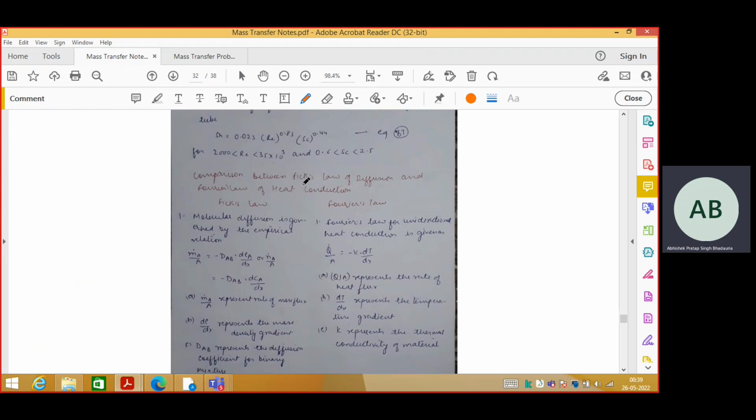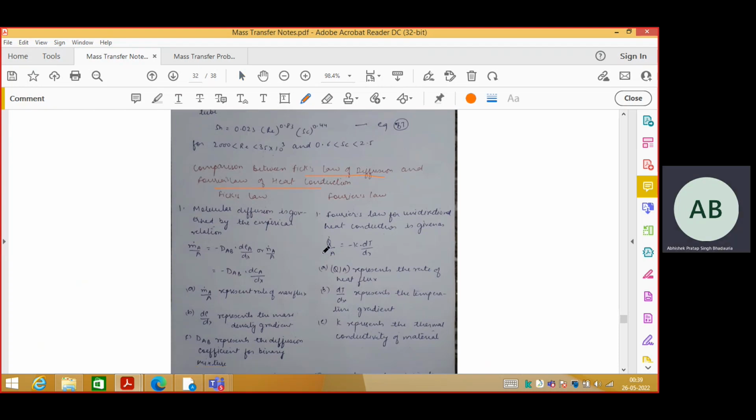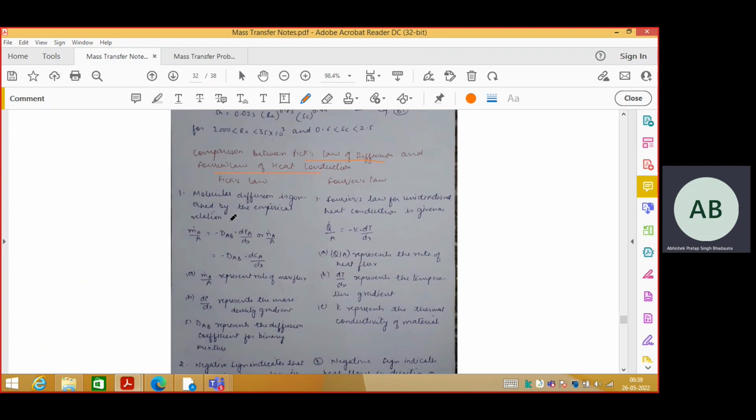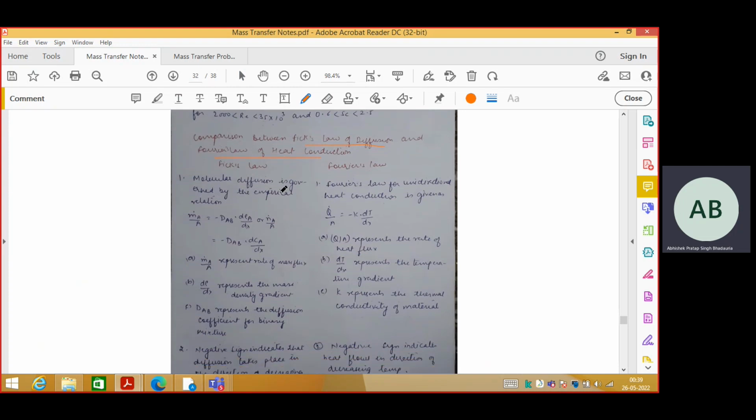Now the comparison between Fick's law of diffusion and Fourier's law of heat conduction. Molecular diffusion is governed by an empirical relation in mass transfer by this expression, and for Fourier's law this is the mathematical expression.